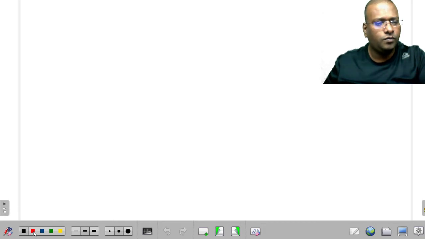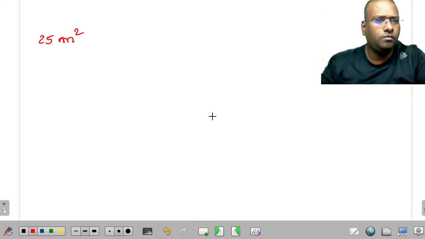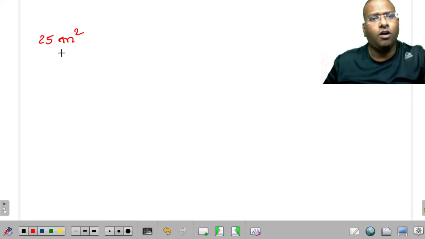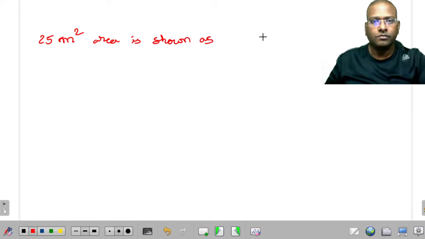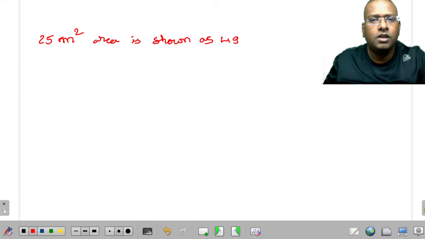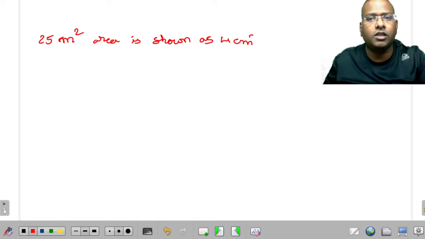Sir, I have a 25 meter square area, meaning 5 meters by 5 meters, in some particular location, and this area of 25 meters square is shown as 4 centimeter square on the map.